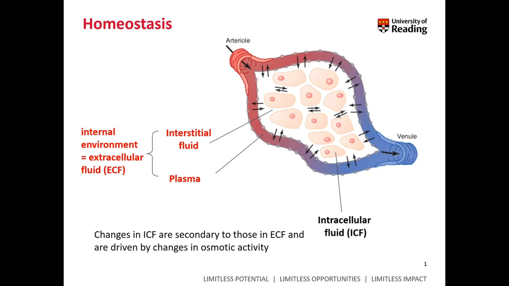We do know that between them there is the plasma membrane, and we talked in our previous lecture about how substances are transported across the plasma membrane through electrochemical gradients, chemical gradients, or active transport. But mostly we're talking about osmotic activity.